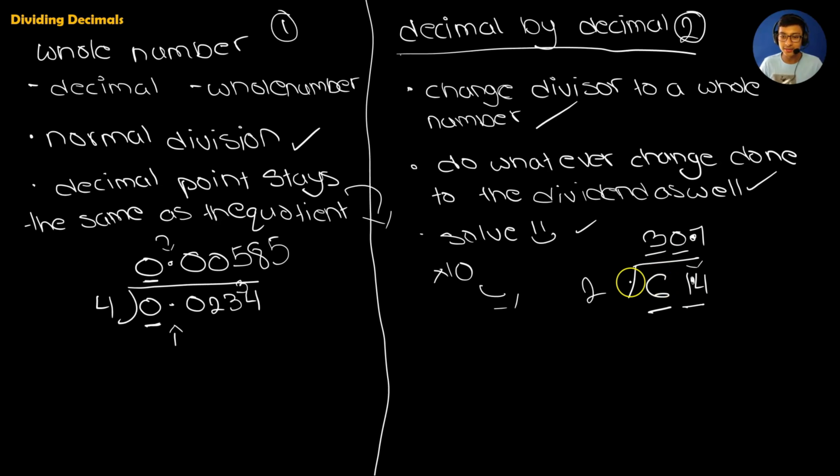Then, friends, we simply solve. But what we need to keep in mind, same as for dividing by a whole number, is that the decimal point stays the same as in the quotient. We need to always remember that, or at the end our answer will come out wrong.